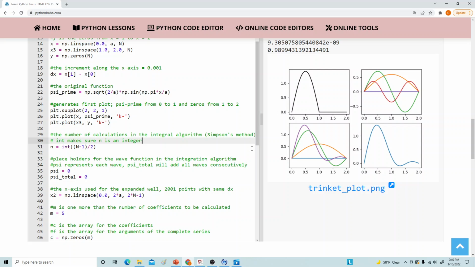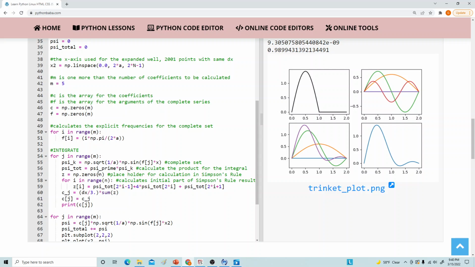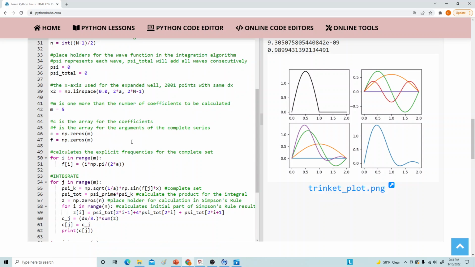We need n to be an integer because if n is not an integer, then if you try to do a for loop or any loop over something that's not an integer, it won't work because it needs to be indexed by integers 0, 1, 2, 3, 4, 5. So this ensures that this will be an integer, not a floating point number or a Boolean. And so we do need to make sure that n, lowercase n here, is an integer, right?